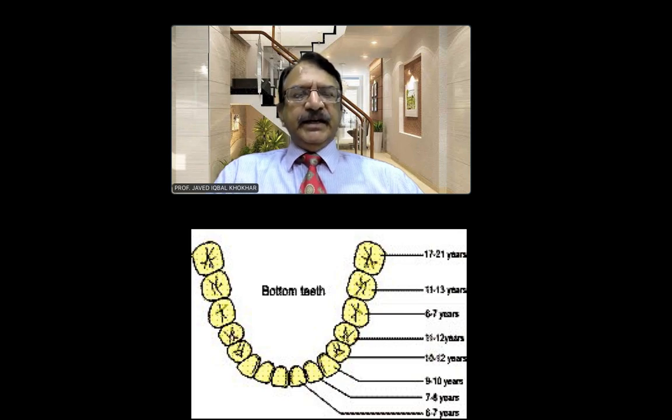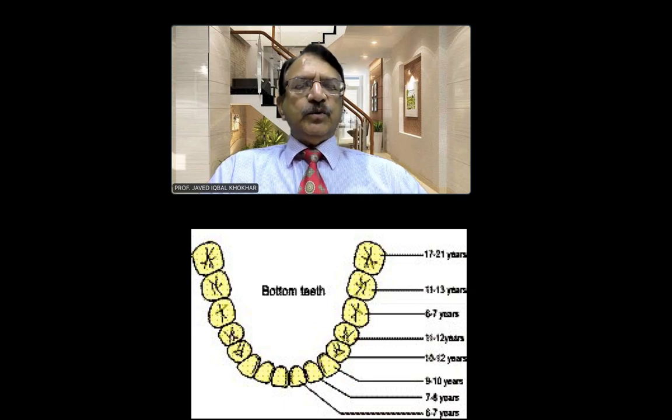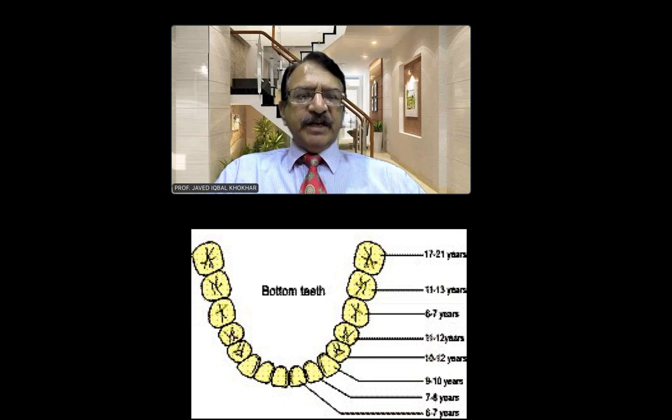Then canines at the same time, 6 to 7 years in the lower jaw, then the upper jaw, canines, incisors. Then central incisor after that, then the lateral incisors, then the canines by 10 to 12, and then first premolar, second premolar, and second molar and third molar. So this is the lower jaw showing the dental arrangement.